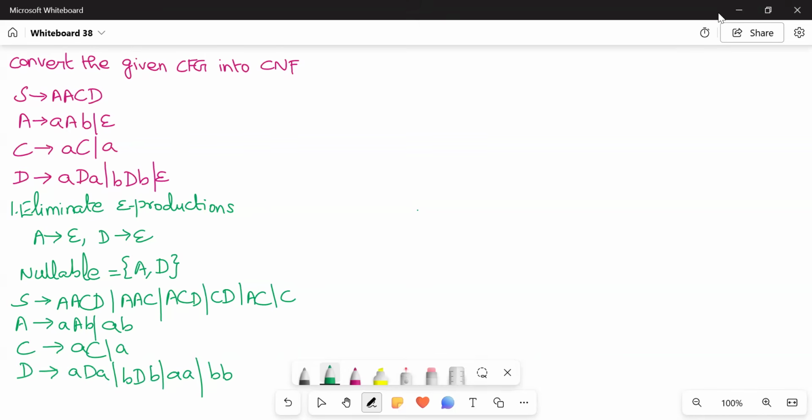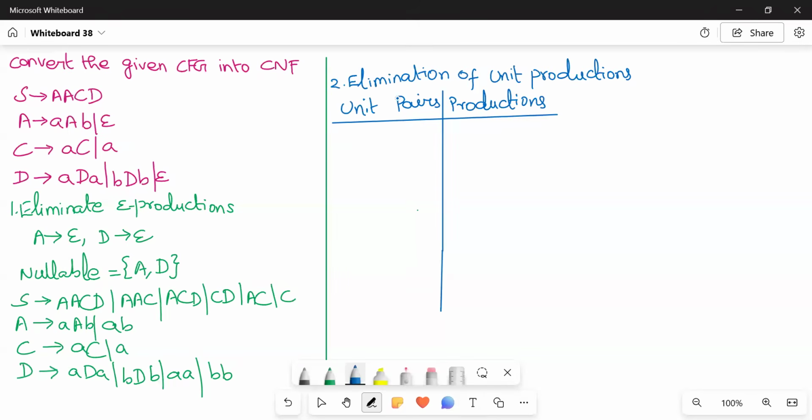Now we will consider the elimination of unit productions. So the second step is elimination of unit productions. Here first we need to find all the unit pairs from the grammar. To find unit pairs, we know that a variable comma the same variable is a unit pair as per the basis condition.